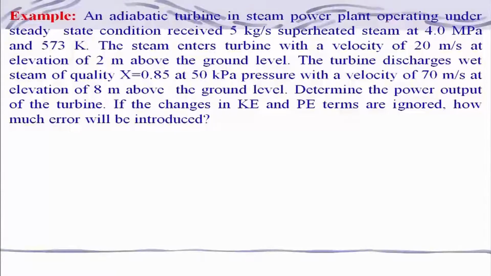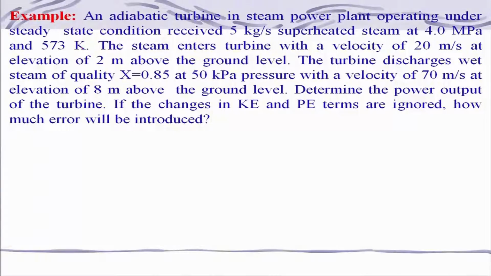Let us take an example: an adiabatic turbine in a steam power plant operating under steady state condition receives 5 kg per second of superheated steam at 4 megapascal pressure and 573 Kelvin temperature.